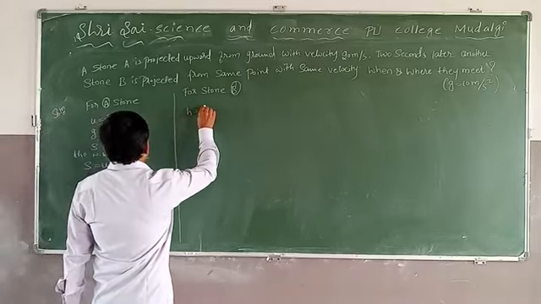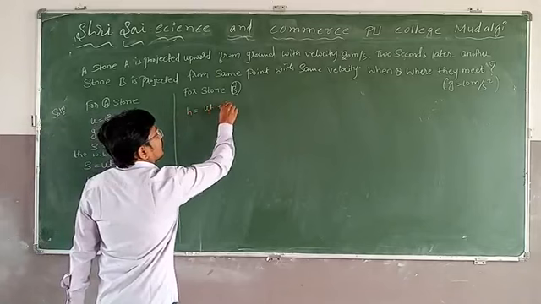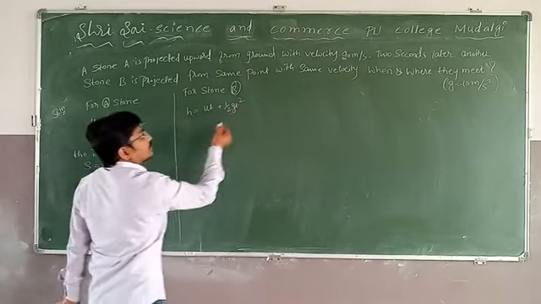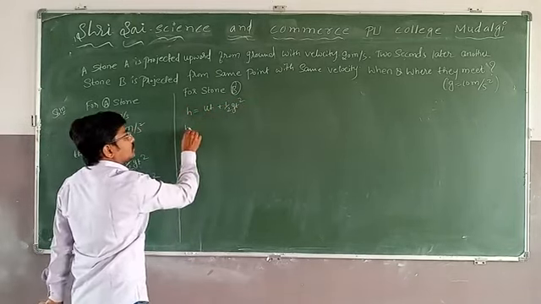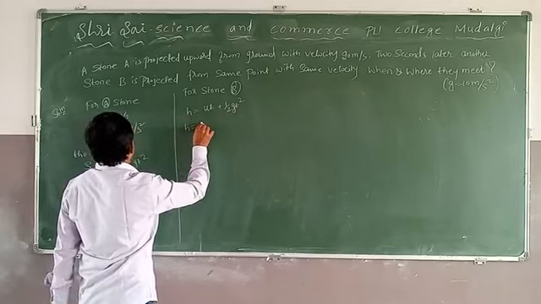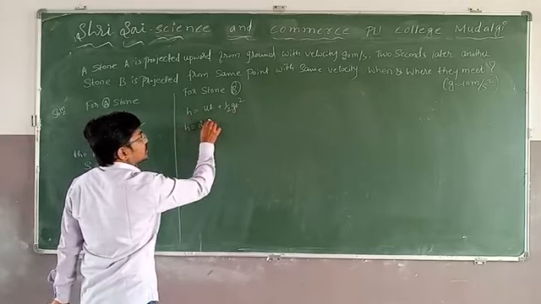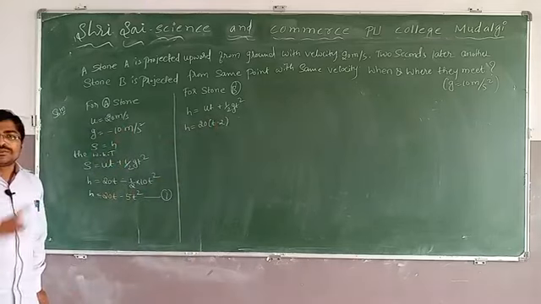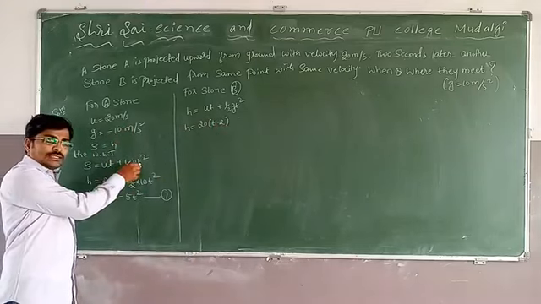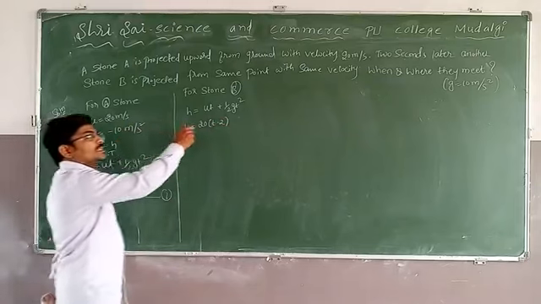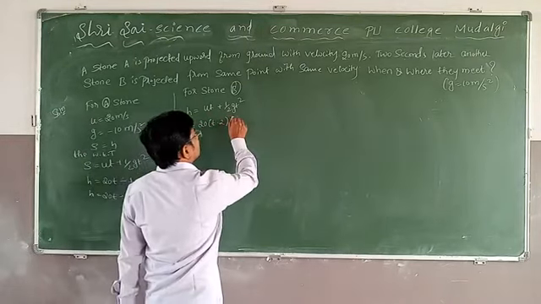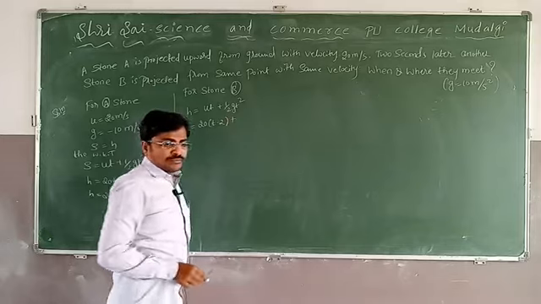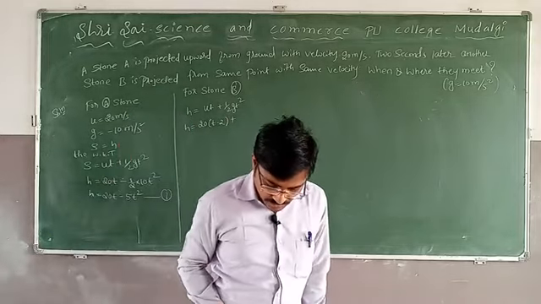H is equal to ut plus half gt square, the general formula. H is equal to u, which is 20, into t minus 2, because it's for after 2 seconds. When the first stone is at time t, then after 2 means t minus 2.